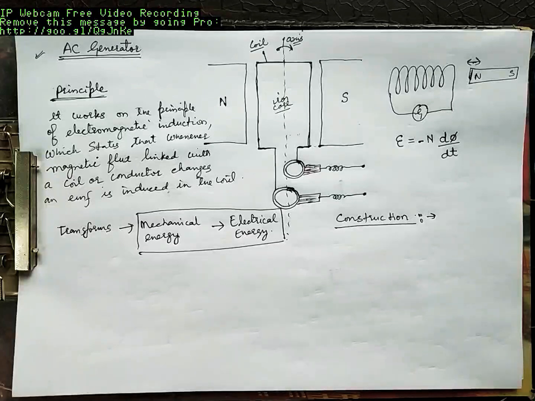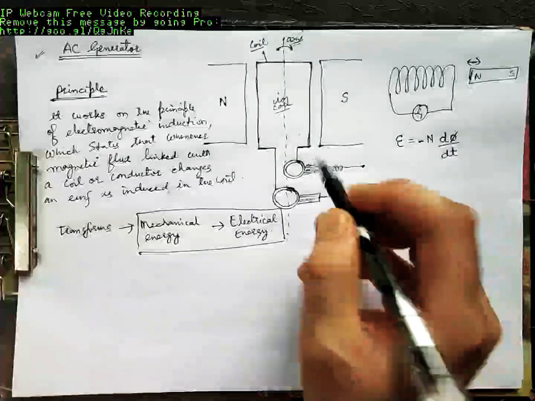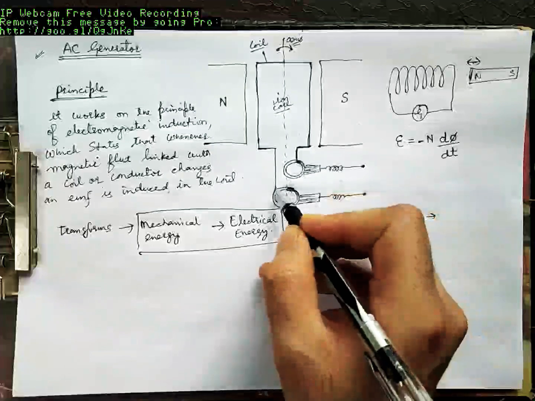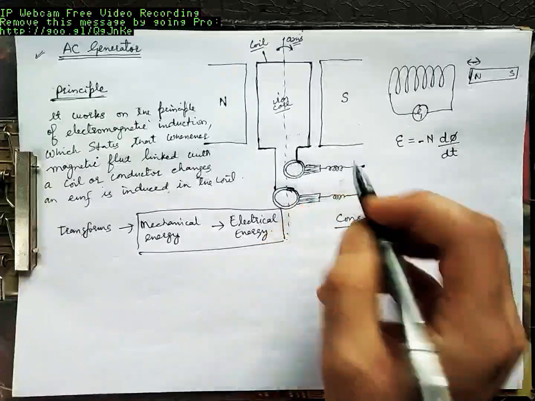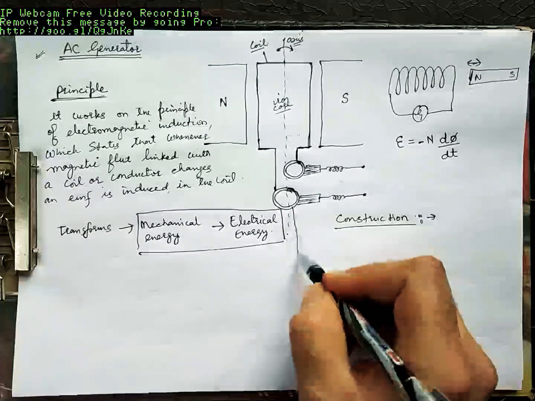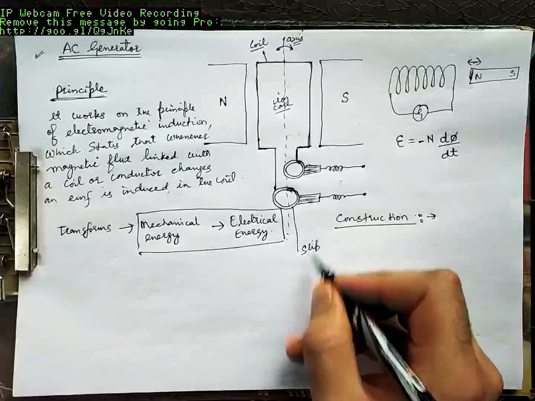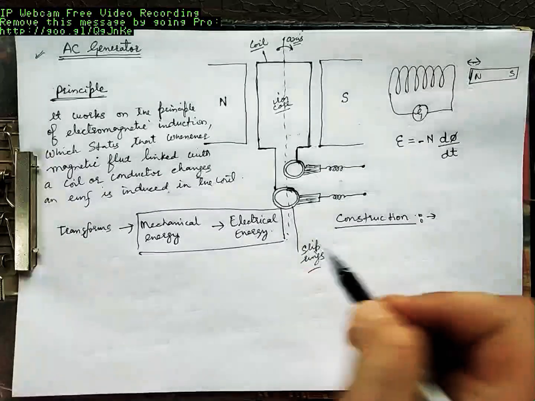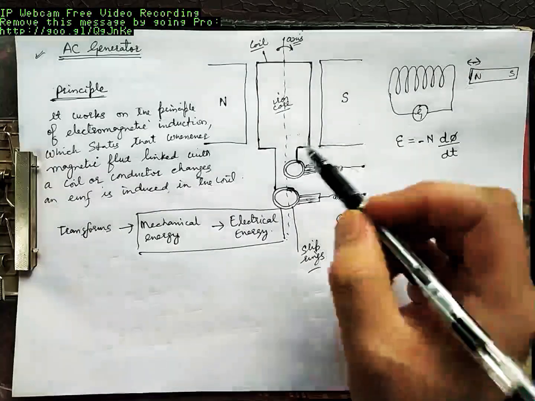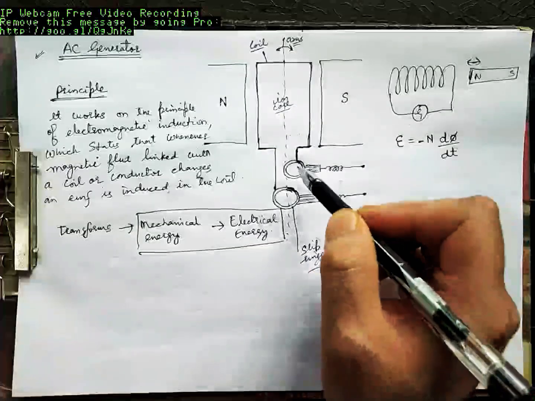Also, the two ends of this coil, here and here, are connected to what are known as slip rings. What are they and why are they used? I will explain this. The two ends of this coil are connected to slip rings.